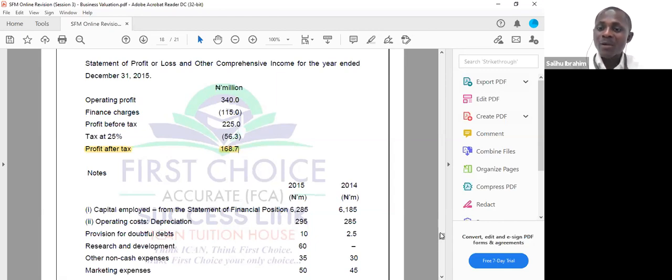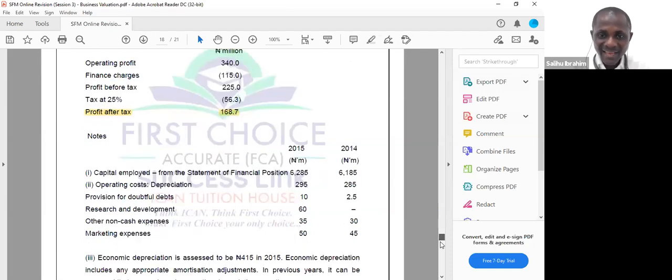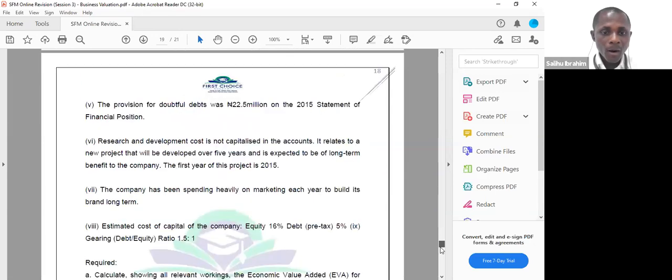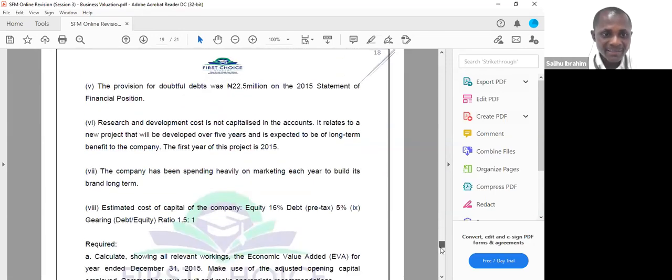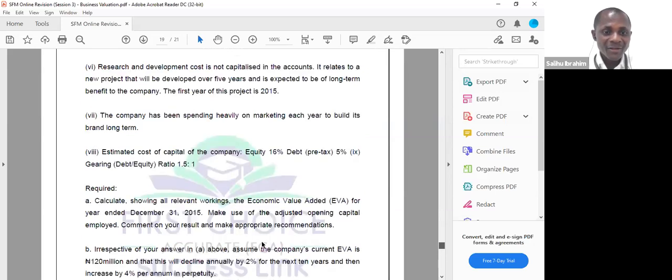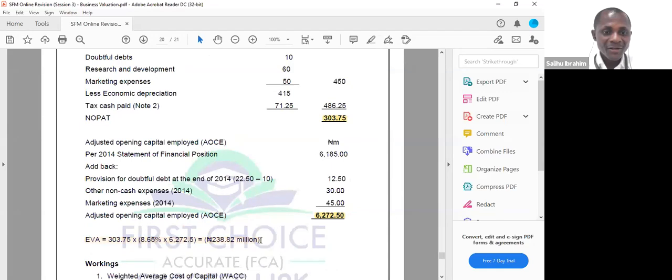But when we assess this management on the basis of EVA, you see that they have only reduced value. So the management did not add any value to shareholders. Rather, they are destroying the existing value.